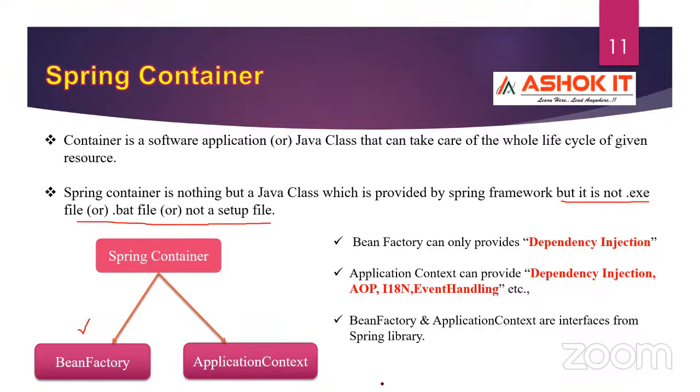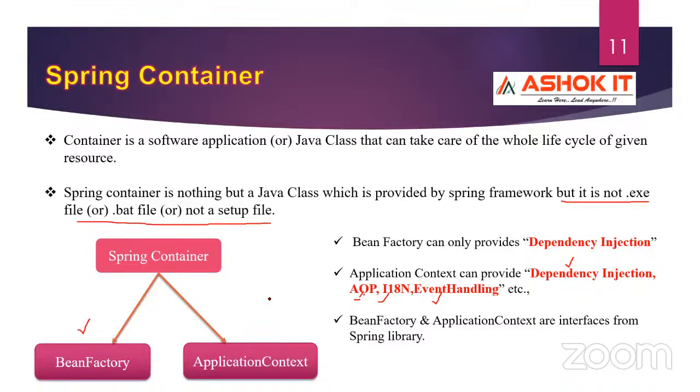So what are the services? The application context container can provide the services of dependency injection, AOP integration service, internationalization service, and event handling mechanism. These services are provided by whom? Application context container or Bean Factory container? Application context container, guys.